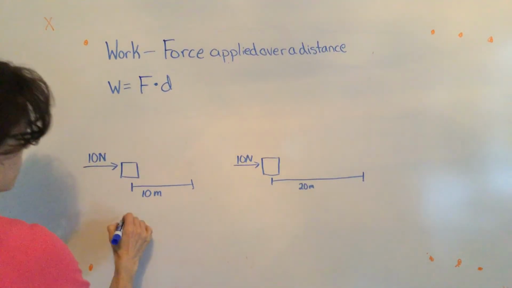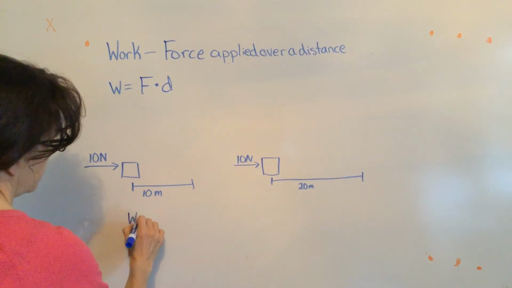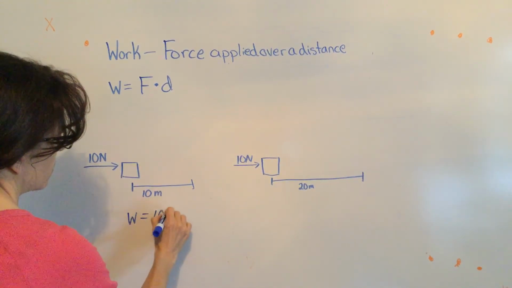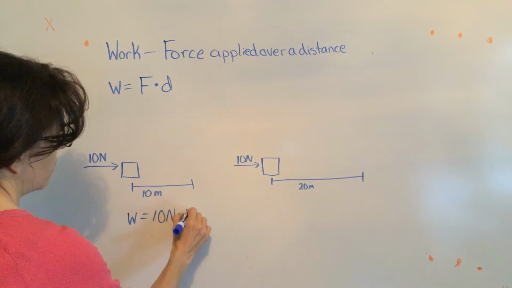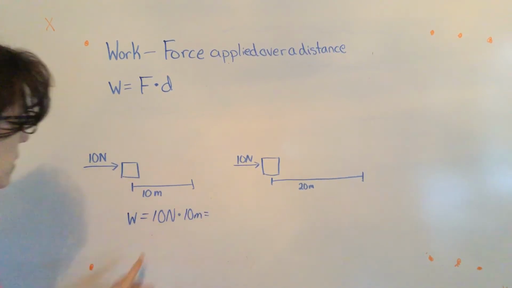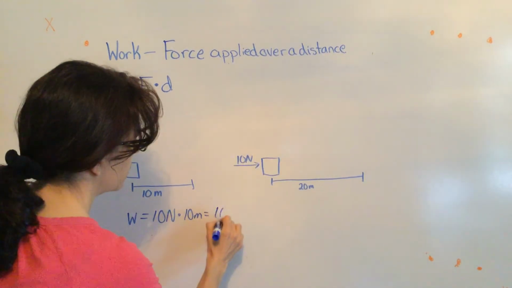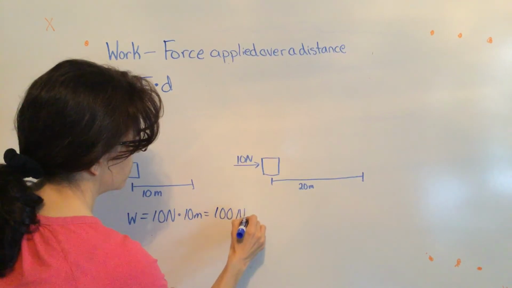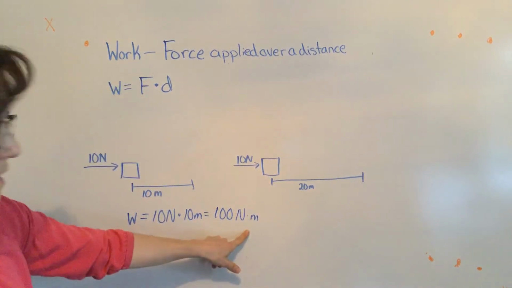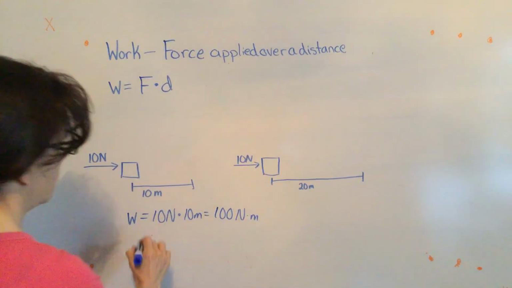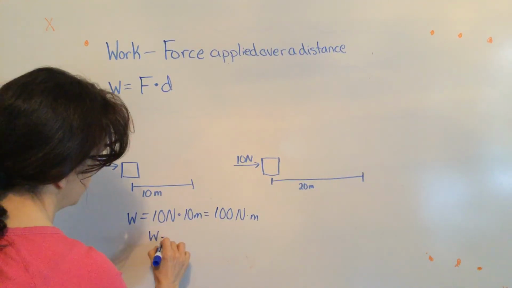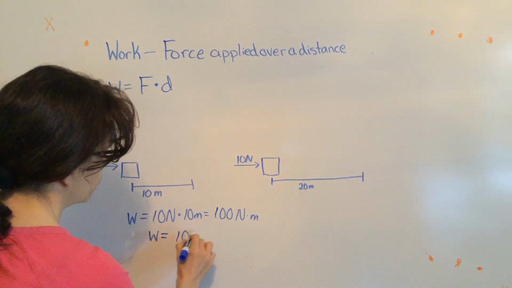So here, work equals 10 newtons times 10 meters. And that's going to give us 100 Newton meters. But we're not going to keep that in Newton meters. The unit of work is joules.